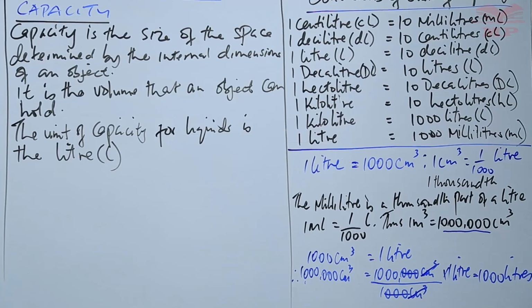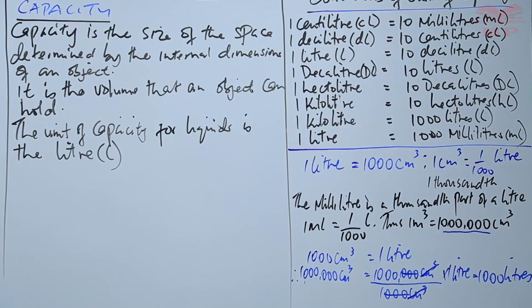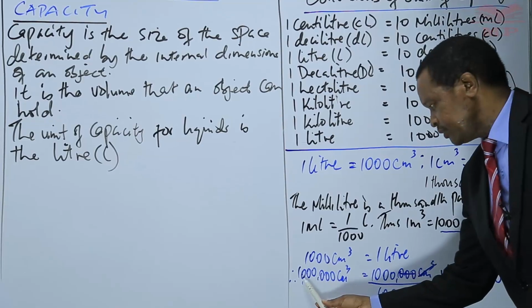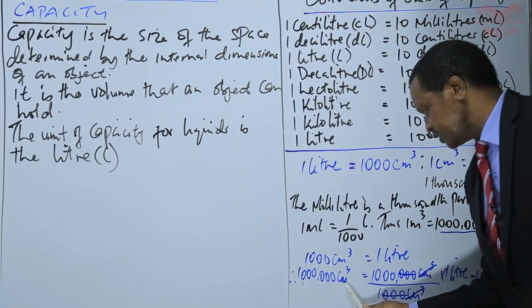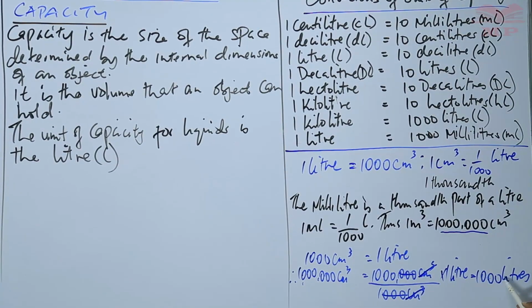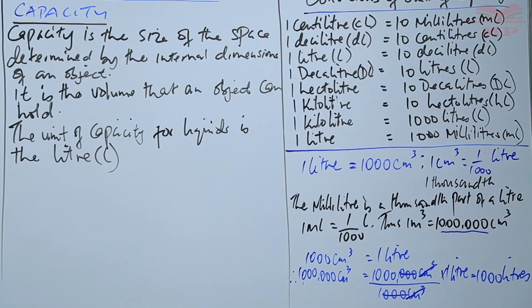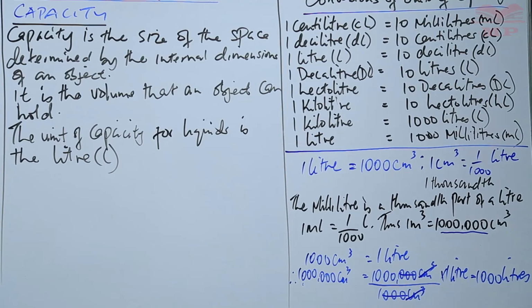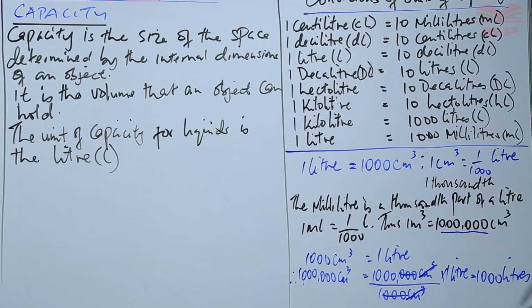Another very important conversion is that 1 million cubic centimeters will be equal to 1,000 liters. That's another important conversion. Let me just put it down.